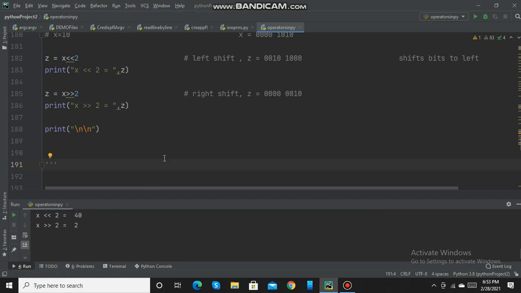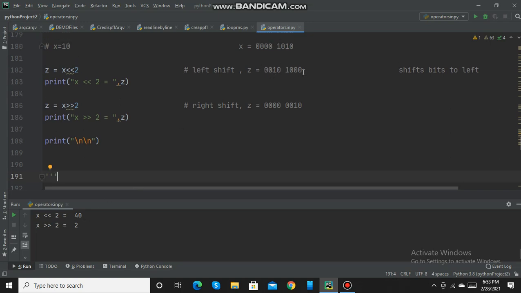So this is the result of left shift, that is 40, because 2 raised to 3 is 8, plus 2 raised to 5 is 32, 32 plus 8 is 40. And the value of right shift will be 2 raised to 1, that is 2, that is printed here.